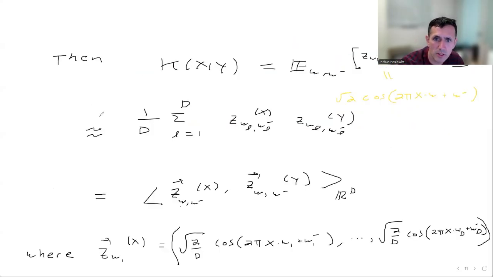The notation should be pretty clear. This is just my vector of W's, and this is my vector of W.